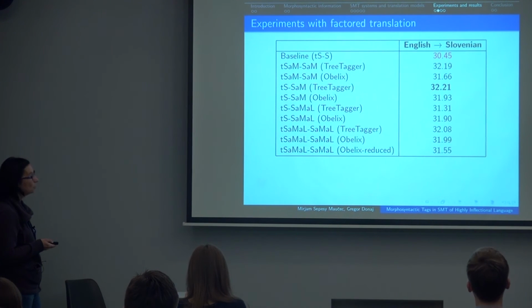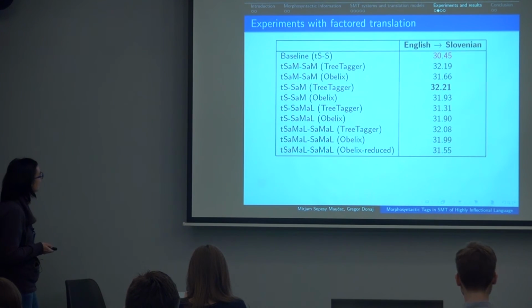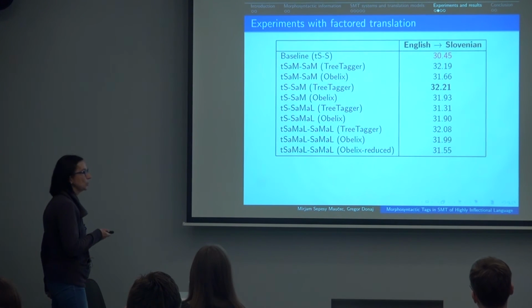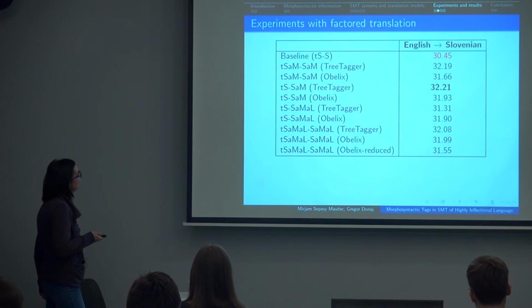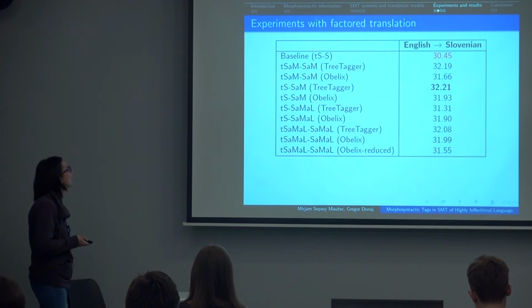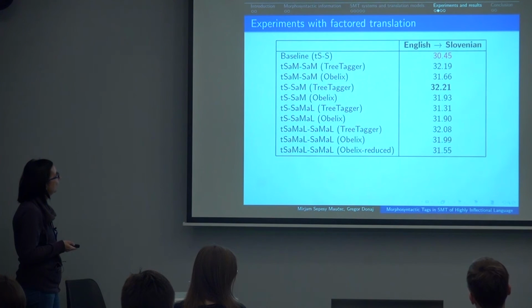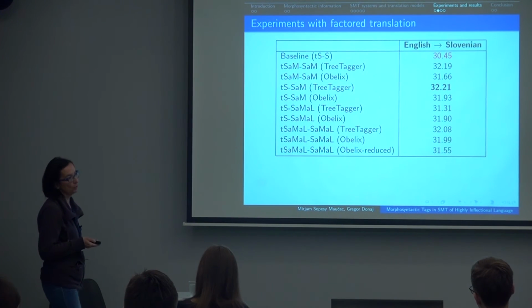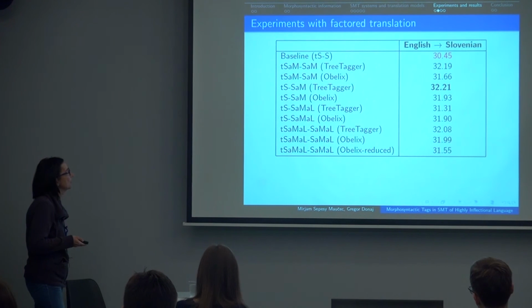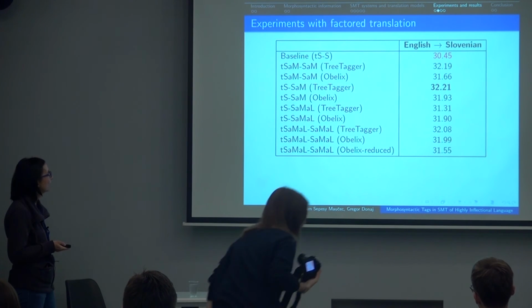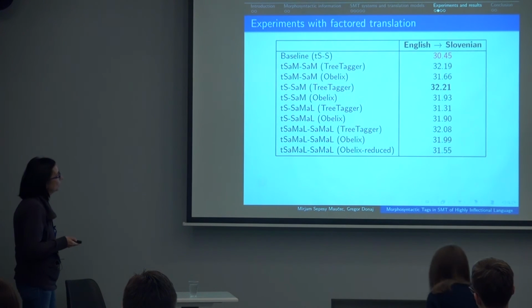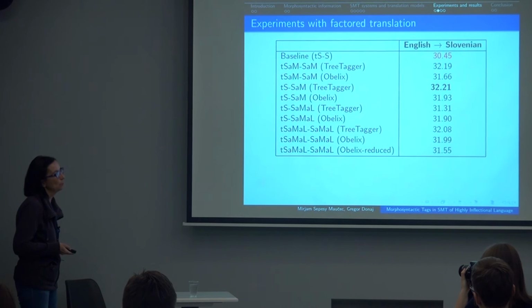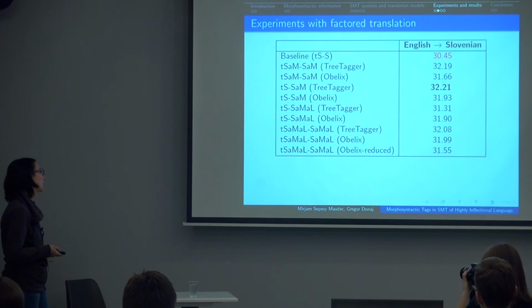And as you can see, the best result was obtained with factor translation, where on the English side only the surface form was used, and surface form and MSD tag on the target side. And we can see that even though the Obelix tagger is adapted to the Slovenian language, the better results were obtained with the 3-tagger. And we can see that with reduced tags in the last row, only a slight drop in BLEU score was obtained.